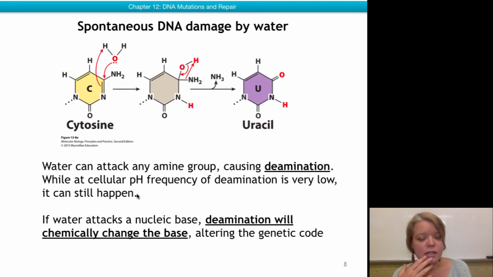Because a deamination has occurred, the reaction causes a chemical change to the base. Cytosine is no longer a cytosine, but a uracil. And the outcome of this reaction is that the genetic code of the DNA has been changed.